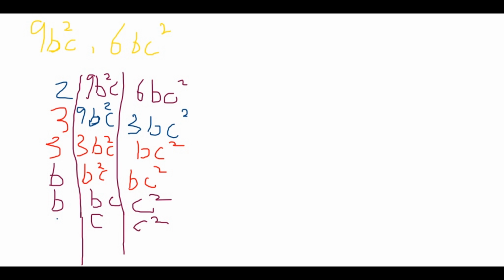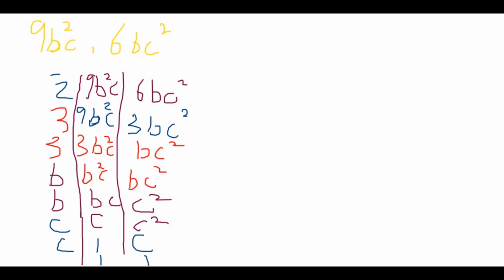Next, I'm going to divide by c. c divided by c is 1, and c squared divided by c is c. And I'll divide by c again, and I'll be left with 1 and 1.